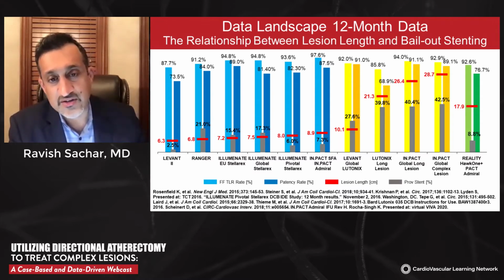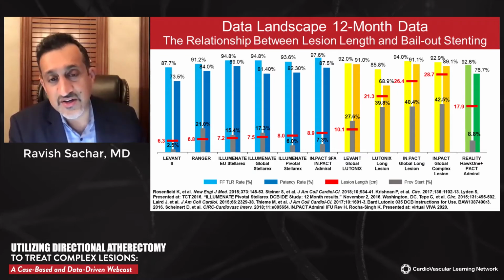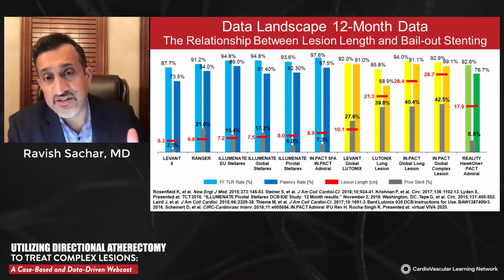Now, as you go to the right, you find increasing lesion lengths, and as the lesion lengths increase, the risk of provisional stenting or bailout stenting also correspondingly increases, to where you get to lesion lengths in the 20 to 25 to 28 centimeter range with bailout stenting rates approaching 40 to 42%.